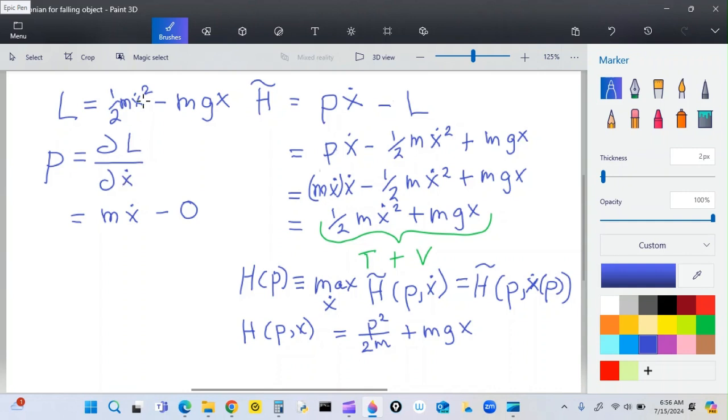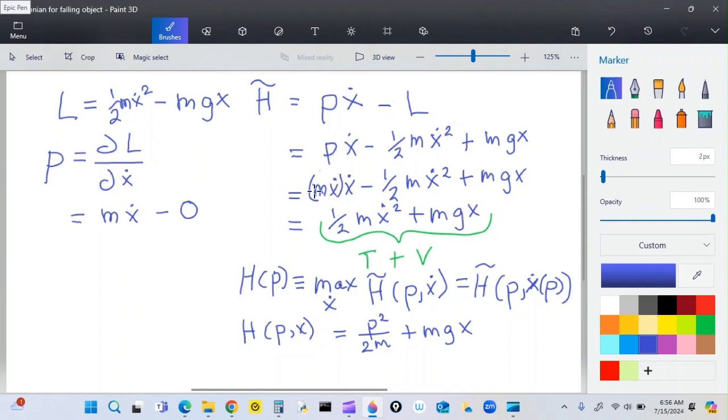Now, using the exponent rule, the 2 times the 1/2 gives me 1, so that gives me m times x dot minus 0. The partial with respect to x dot over here is 0. So, doesn't that look familiar? m times v. So, what I'm going to do is plug in for momentum m times v, or m times x dot.